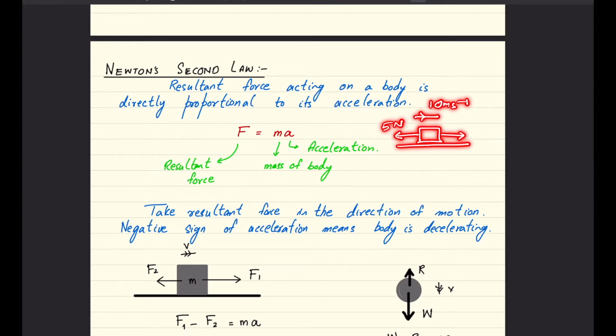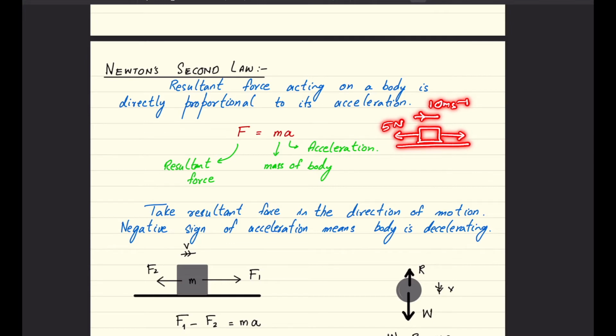Whereas if the forward force is 8 Newton, then it would be accelerating because the forward force is more. If the forward force is 2 Newton, then it would be decelerating because the backward force is more. So if the resultant force is opposite to the direction of motion, it will decelerate. If the resultant force is in the direction of motion, it will accelerate.